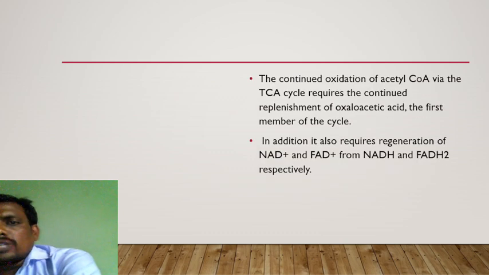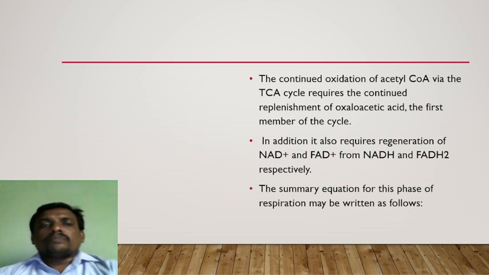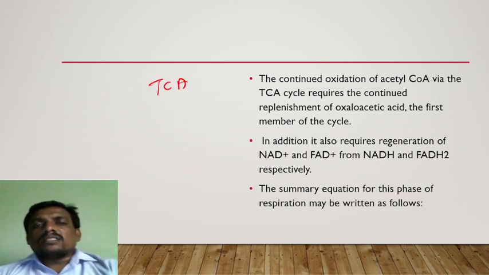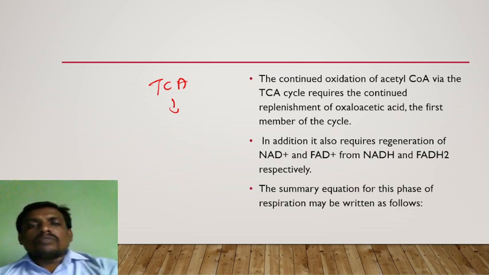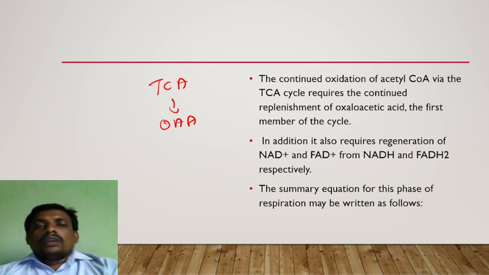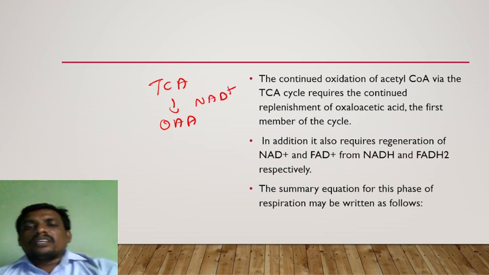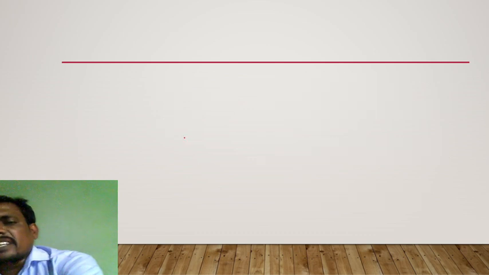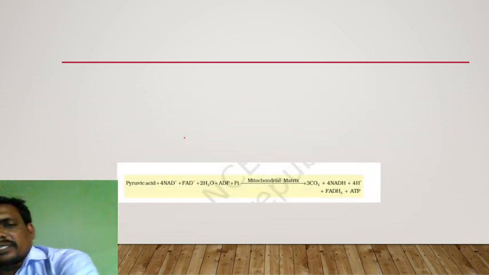The continued oxidation of acetyl coenzyme A by the tricarboxylic acid cycle requires continuous replenishment of oxaloacetic acid, which is the first member of the cycle. In addition, regeneration of NAD and regeneration of FAD are also required, as they act as reduction power agents.